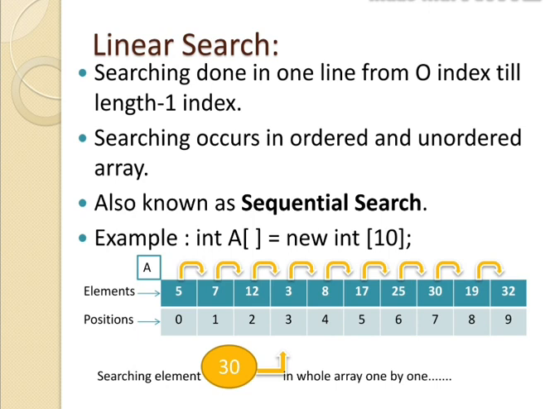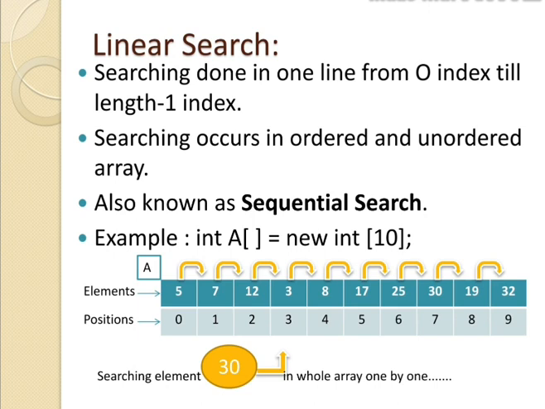That's why no order is required for linear search. Either you are providing a sorted list, it's okay. If the list is not sorted, it's okay. If it is sorted in ascending order, it's okay. If it is sorted in descending order, it is okay. Linear search can deal with any ordered array.